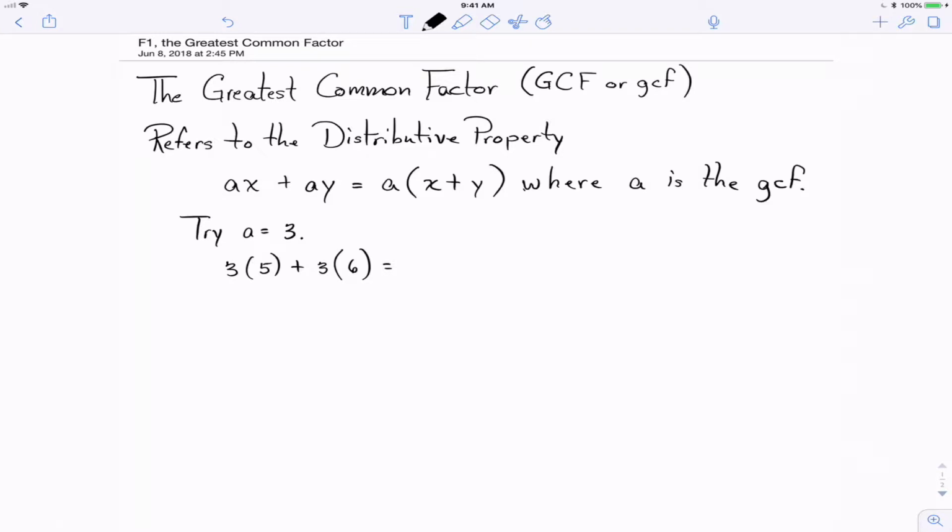Following the order of operations, 3 times 5 is 15, plus 3 times 6, which is 18. If you add 15 and 18, you get 33. So this is the left-hand side, LHS, of the distributive property.